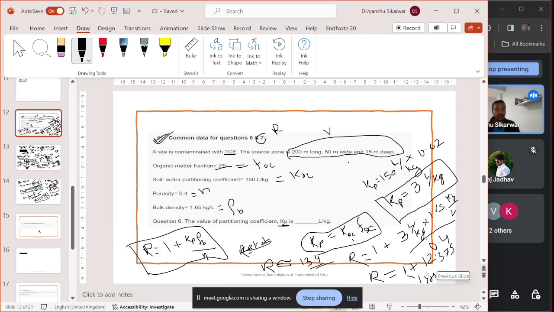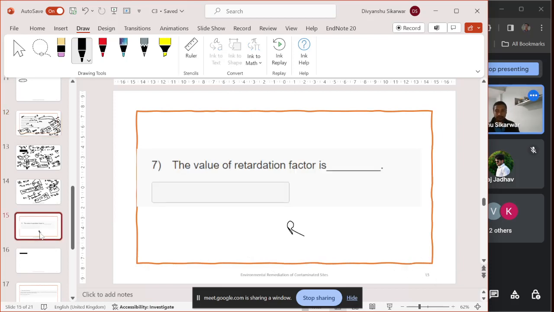That is not feasible, right? So from this you can get an idea of what nature the contaminant has, whether it is adsorbed or aqueous, and whether we should go for the pumping and treatment method, whether it is feasible or not. R value we're getting here is 13.4.